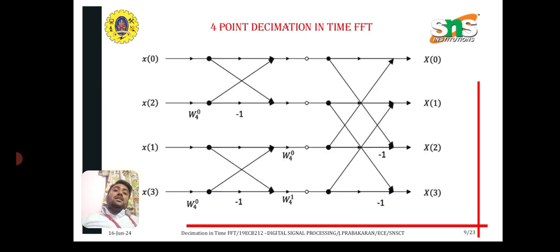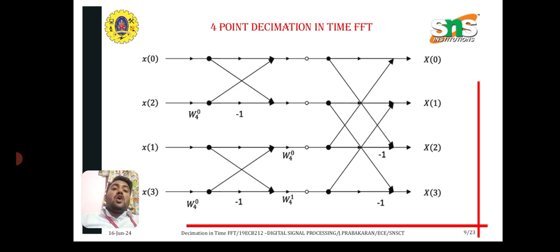And this is the butterfly diagram for the 4-point decimation in time algorithm. The left hand side is the input sequence and the right hand side is the output sequence. Here you can see the first stage and second stage, and the bit reversal ordered input sequence is mapped to the first stage, that is x of 0, x of 2, x of 1, x of 3.